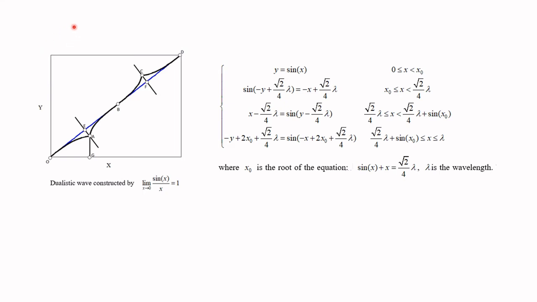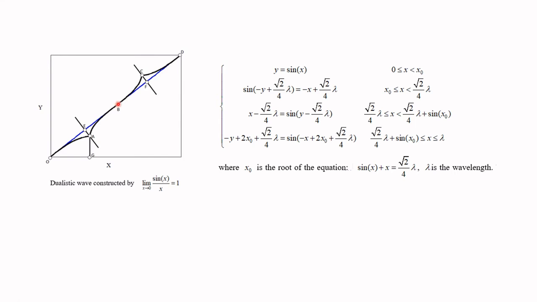And in this figure, we can see that in one period, a dualistic wave is composed of 4 infinitesimal line segments, OA, AB, BC, and CD. The line segments OA and AB are symmetric about the straight line AE.